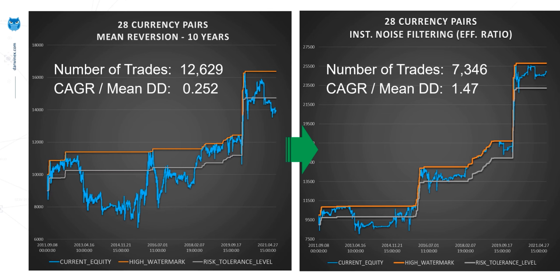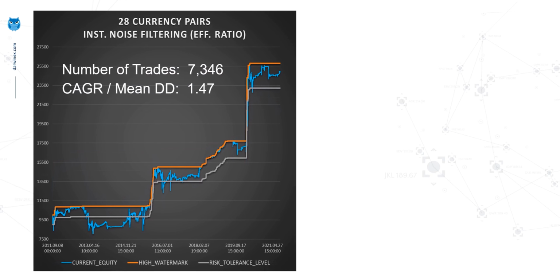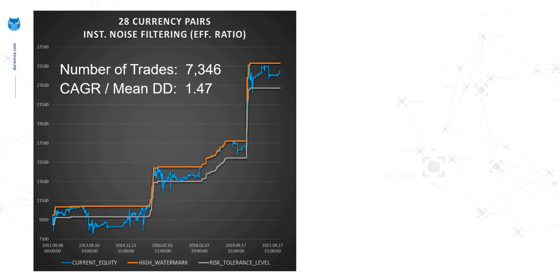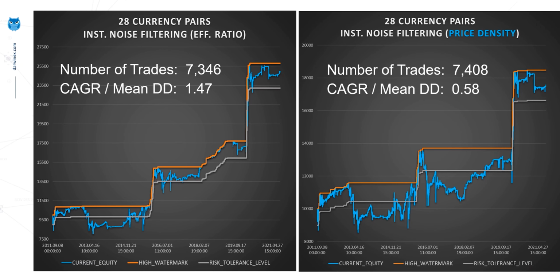Now we turn our attention to the same technique using price density. So if we just move the efficiency ratio chart over to the left here, these are the results that we get for price density informing that instantaneous filtering.